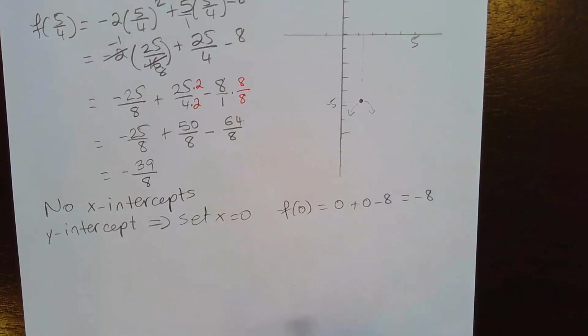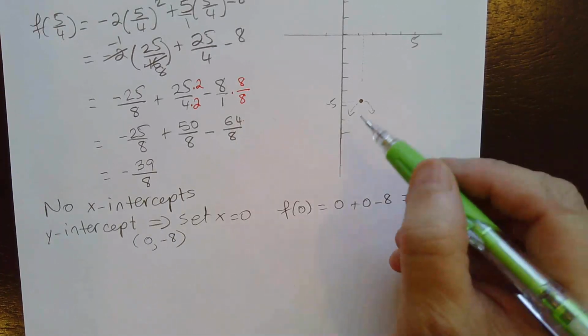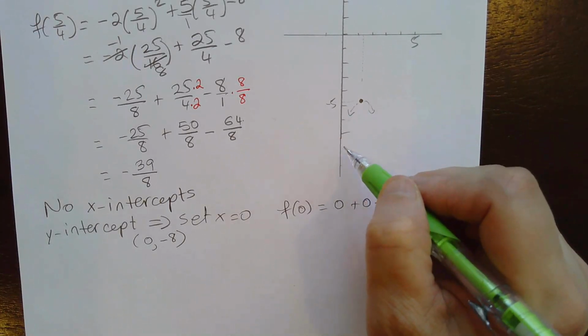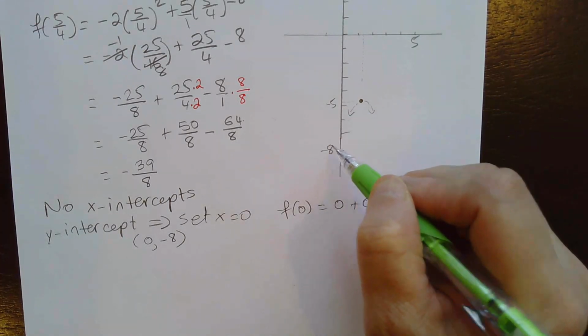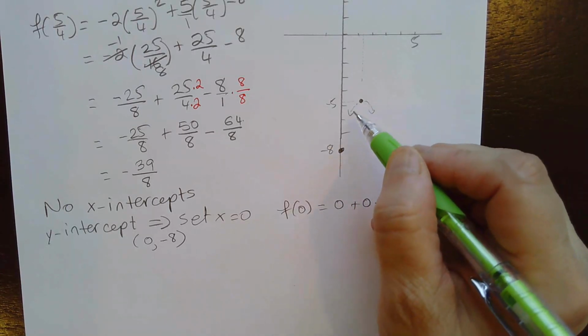And this would be your y-intercept, 0, negative 8. Now if you want to plot it, negative 6, negative 7, negative 8, right here, this is your y-intercept. Okay? So it's going to look like this.